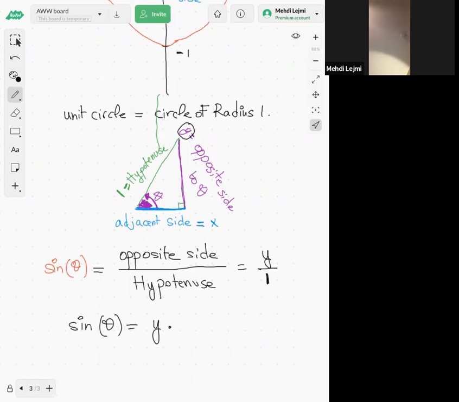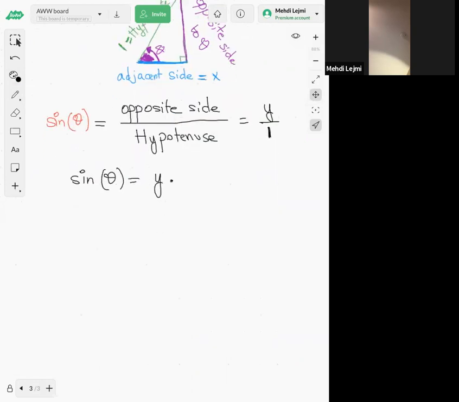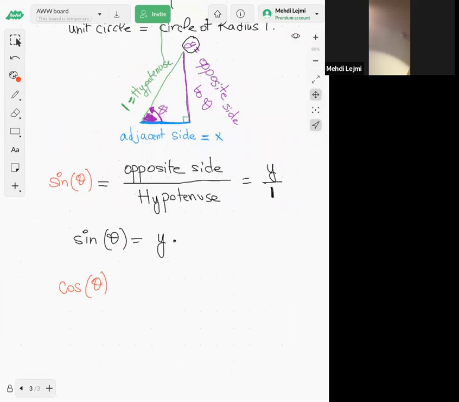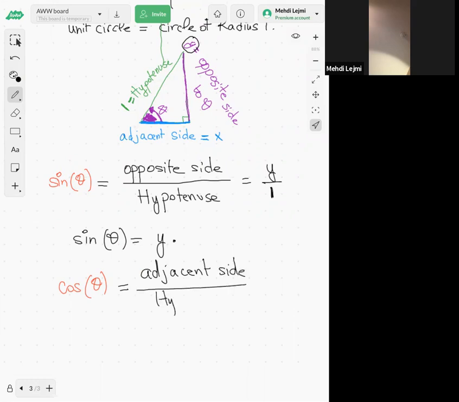Okay. Now, for cosine of theta, the definition would be the adjacent side over the hypotenuse.